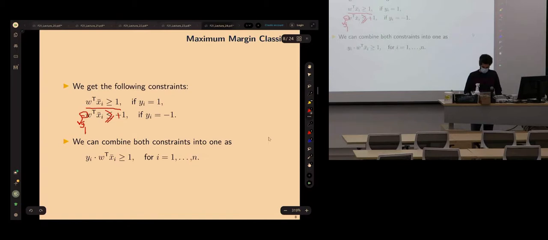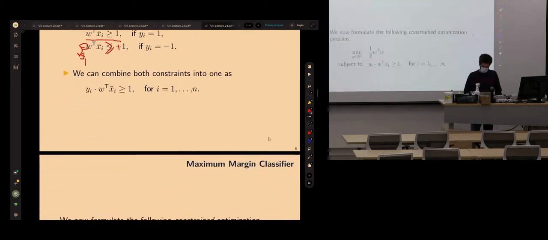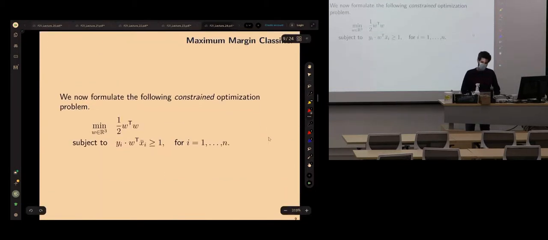Okay, so we got the constraints, then we formulated an optimization problem. Whenever you want to search for some parameters, you start thinking about an optimization problem. Really, the simplest problem that we can formulate here is constrained because we have inequality.